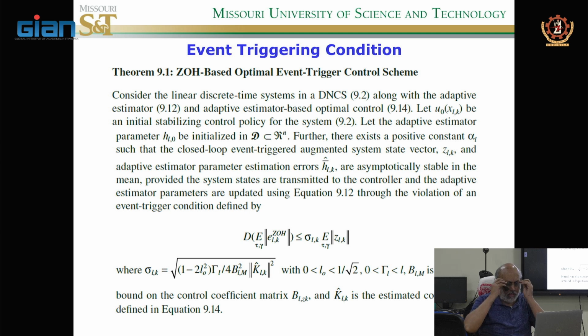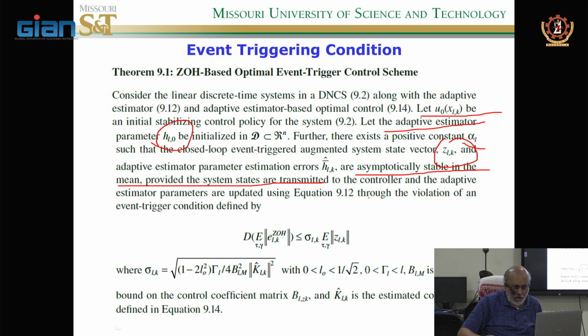So you have a stability theorem. It shows that when you use an initial admissible control, U0, and an adaptive estimator is used to estimate H, then there exists alpha L and the closed loop state vector ZL are asymptotically stable in the mean, provided the controller and adaptive estimator parameters are used.